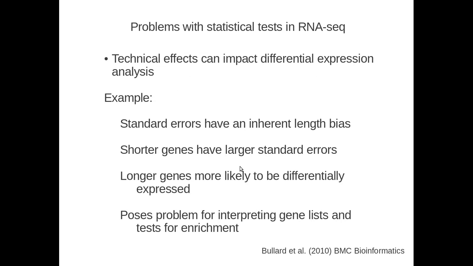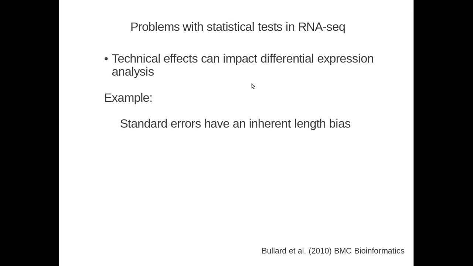Okay, so I just wanted to introduce a few problems, and I'll use one example here because I think it's a way of illustrating that the RNA-seq statistical analysis field is very much in development and there are still problems.